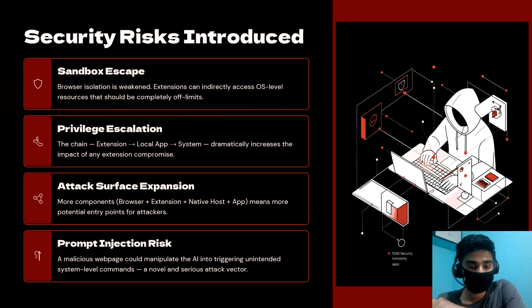Attack surface expansion: the browser plus extension plus native host plus app means more potential entry points for threat actors. Prompt injection risk is very, very important, because a malicious web page could manipulate the AI into triggering unintended system-level commands. Then a novel and serious attack vector can be created.